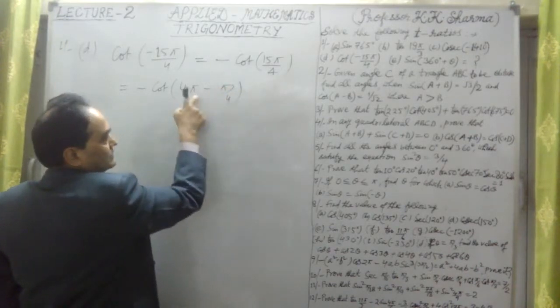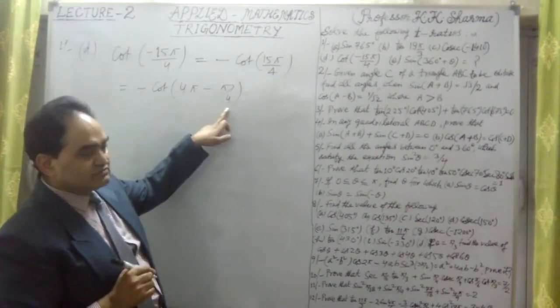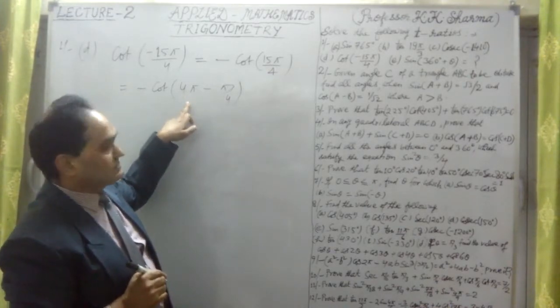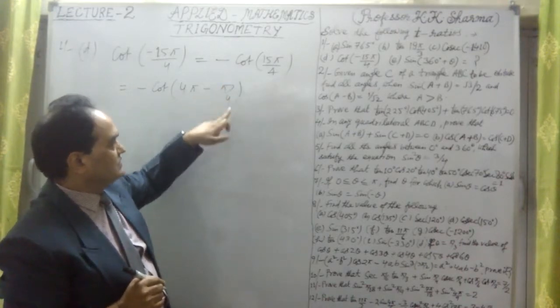Now 4 times 4 is 16, so 16 pi minus pi is 15 pi. After taking LCM 4, this is 4 pi by 1, so 16 pi minus pi means 15 pi by 4.